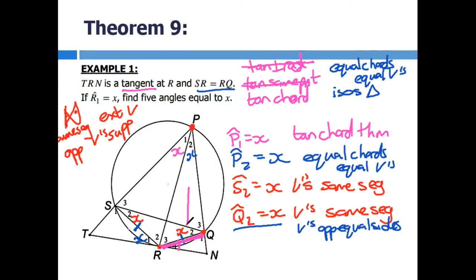The angle opposite that is P2. Yes, sorry, Benati, I see you've just corrected yourself. So R4 is going to be equal to P2, so therefore it must be equal to X, and that is our fifth one. R4 is also going to be equal to X, tan chord theorem.